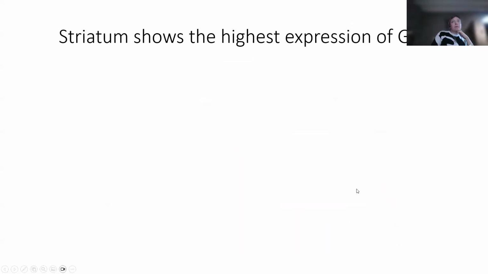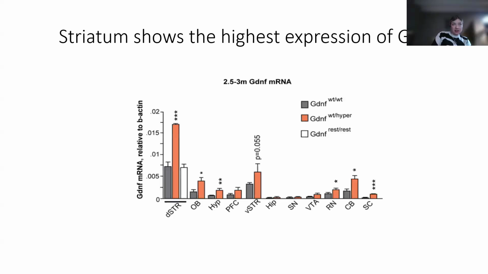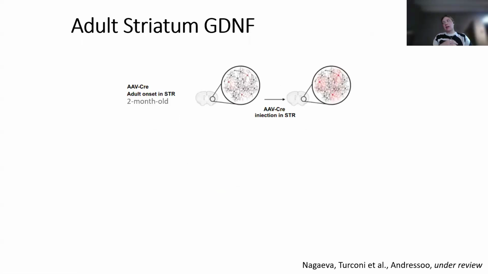Because the striatum has the highest expression of GDNF, and because we also wanted to test it in a maybe more applicable way, we expected that the striatum would be the important place for motor learning and performance.